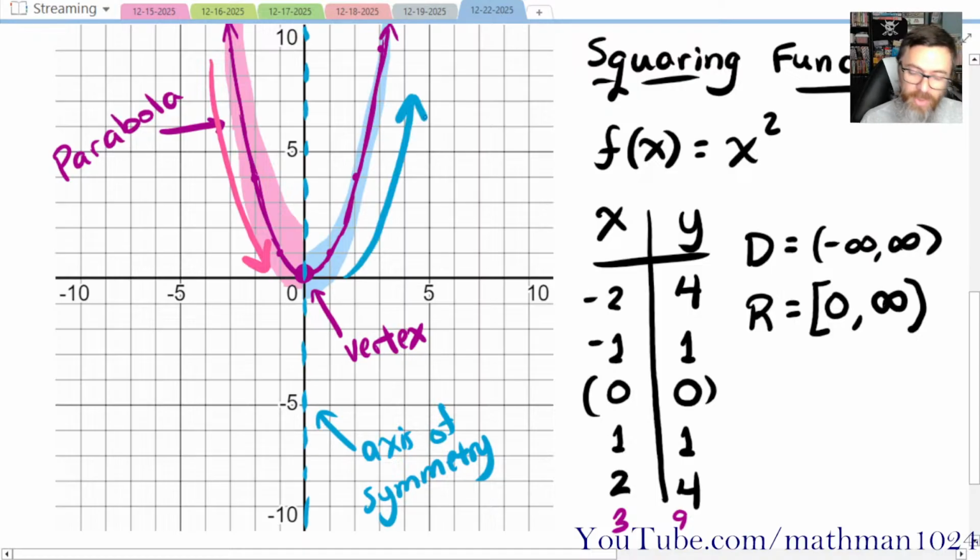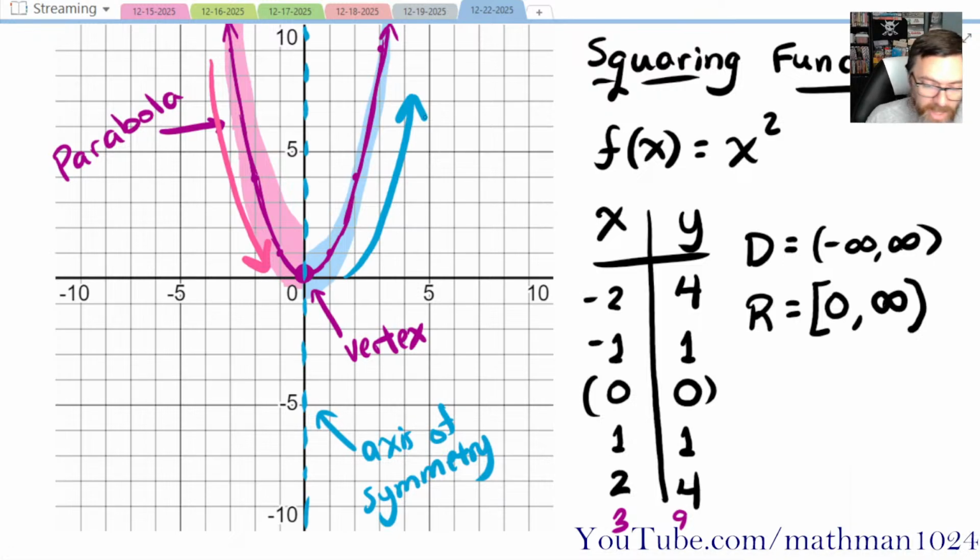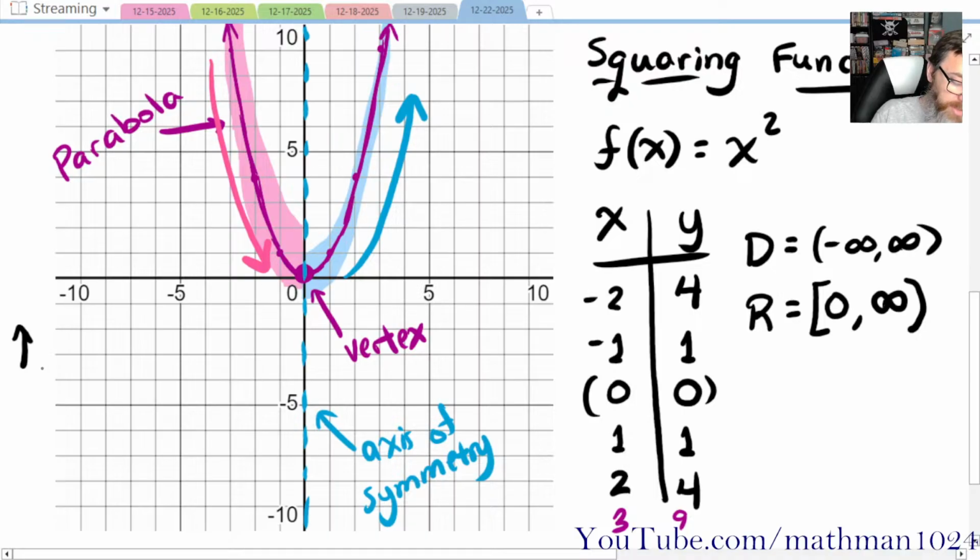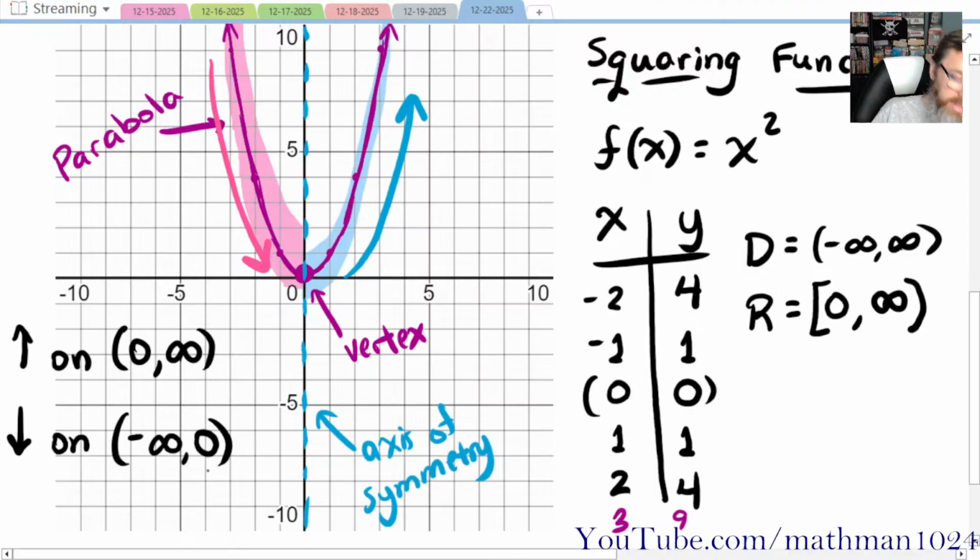The way that we're going to describe this, at least the way I like to show it, is kind of like a shorthand. We are increasing on the interval from 0 to infinity, and we are decreasing on the interval from negative infinity to 0.